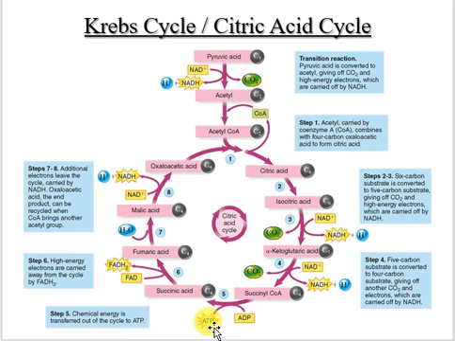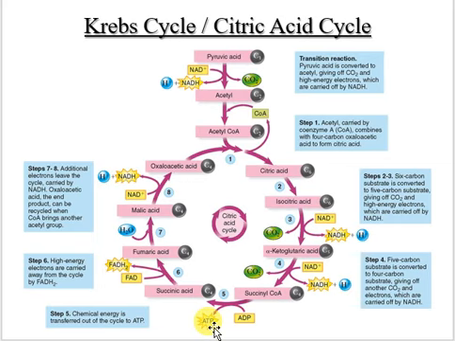Now, because the oxidation of pyruvate from the transition stage produces two molecules of acetyl coenzyme A, we're going to have two turns of the Krebs cycle. So the Krebs cycle will turn twice per one molecule of glucose that is processed in cellular respiration.